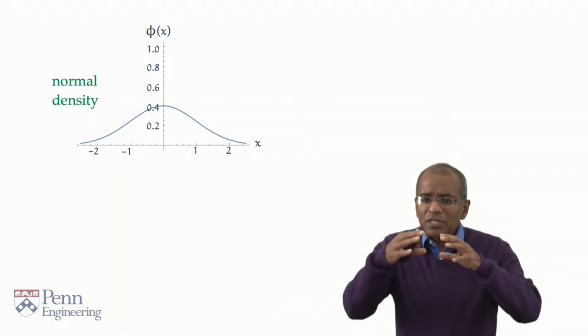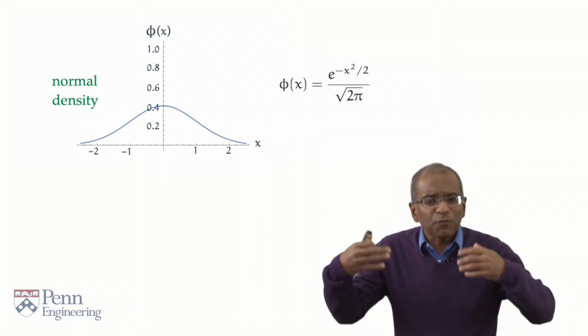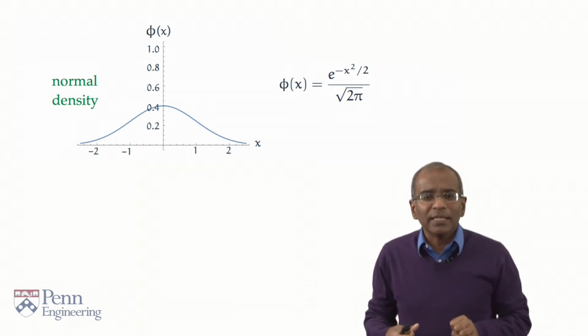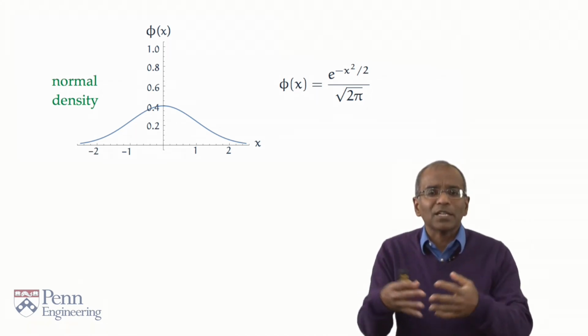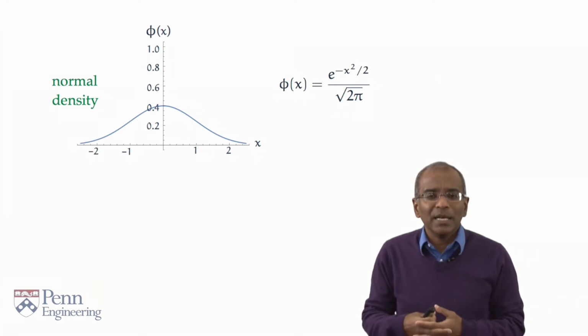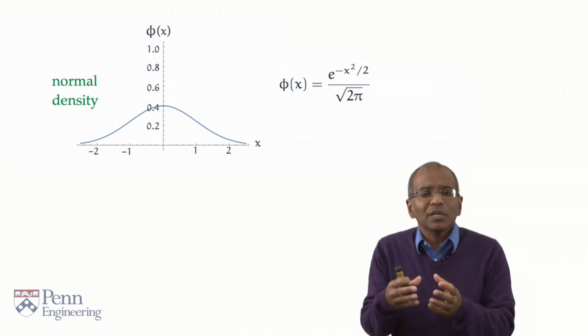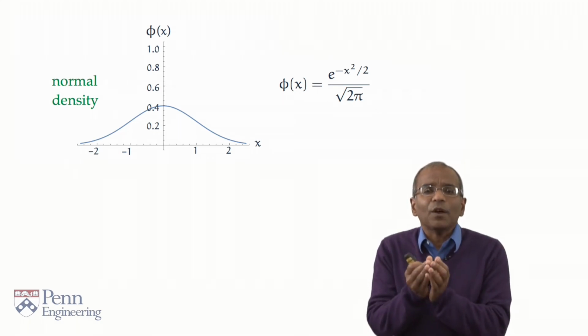The function is nice and symmetric, and the explicit form is given by an exponential with a decaying quadratic in the exponent and a normalizing factor square root of 2 pi in the denominator. By a long tradition going back to Gauss, we call this function phi of x.